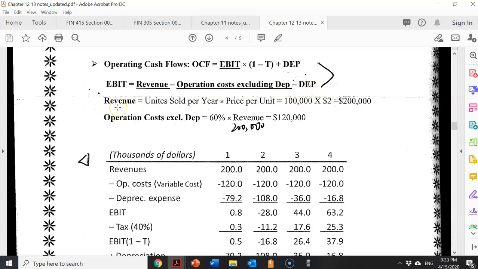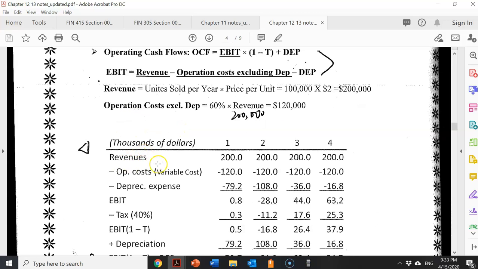Our revenue would be, again, 100,000 units per year multiplied by $2 per unit, so we have 200,000 sales revenue generated each year. The operation cost excluding depreciation is the variable cost, 60% multiplied by the sales revenue of 200,000, so we have 120,000 as our variable cost.